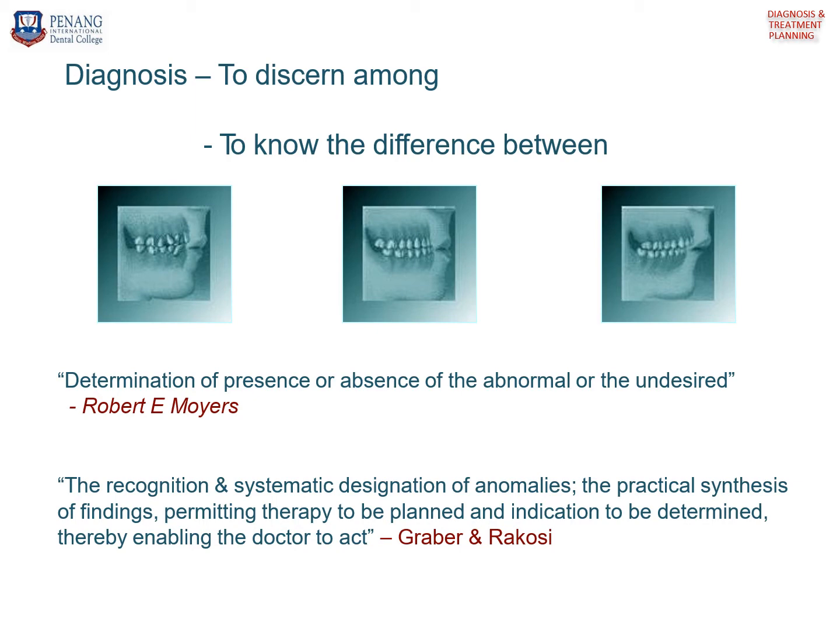Now, if you have to give a definition, Graber and Vanarsdall gave a definition as the recognition and systematic designation of anomalies, the practical synthesis of findings, permitting therapy to be planned, and the indication to be determined, thereby enabling the doctor to act. That is called a diagnosis.